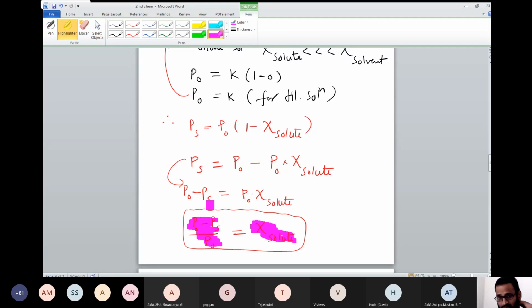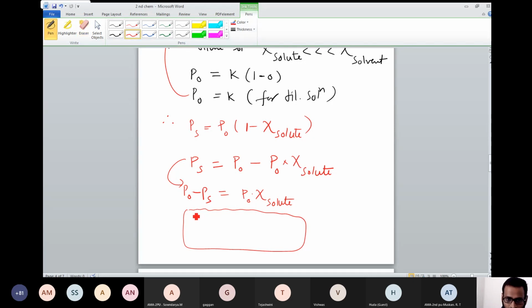P naught minus, not visible, right? No problem, I'll write one more time. Okay, in red color.